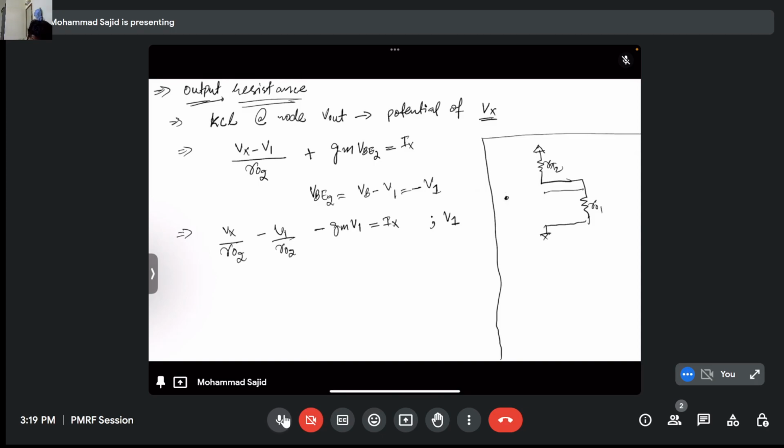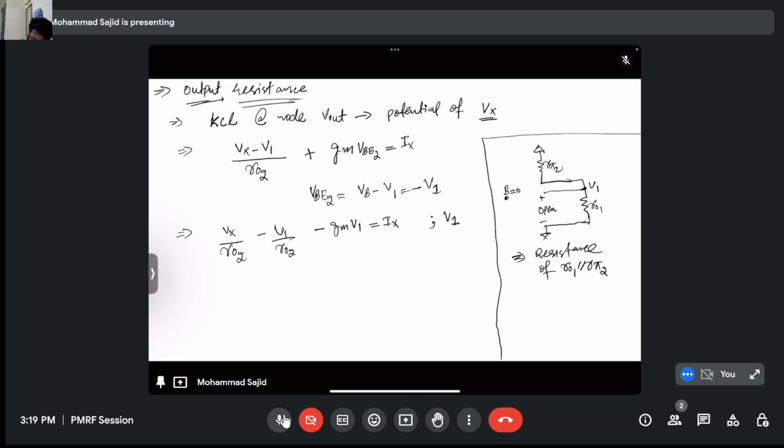And because B is at node 0, this will be at 0 potential. This is open. So this is my V1. So this will be a resistance of RO1 parallel to R pi 2.